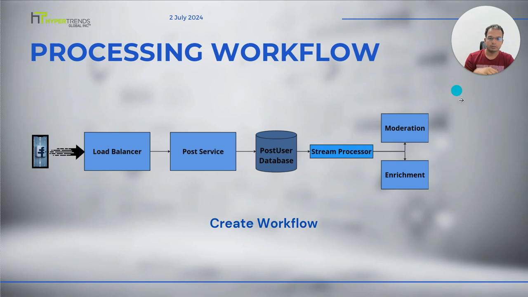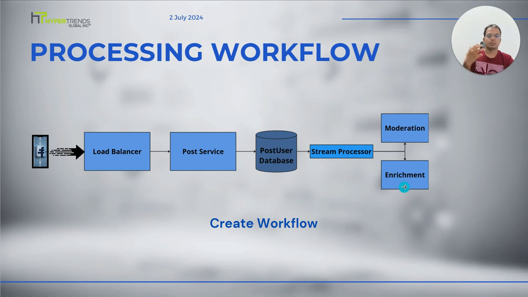I highlighted two here: moderation, right? Moderation is validation, or we can say the checkpoint. Basically, it categorizes the post, the data, the information, to test whether it is valid or not. Things like that are done in the moderation process.